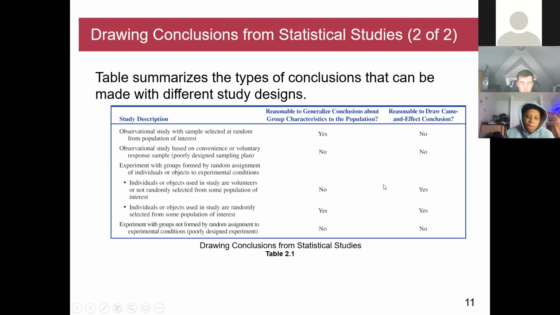And then we have yes or no. And on the right column, can we draw a cause and effect conclusion from that study? Well, obviously, the first two study descriptions say observational studies. So we know immediately the answer is going to be no to cause and effect. So observational study, no to cause and effect.